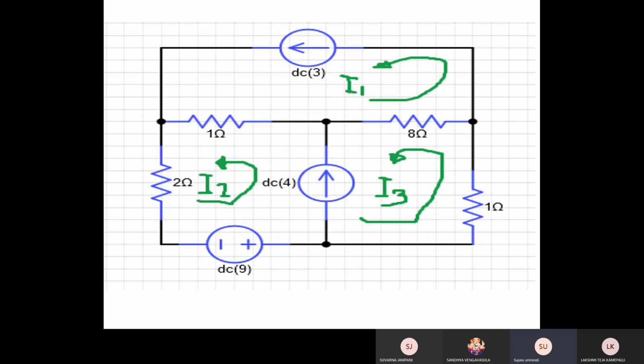So in this circuit, after the super mesh analysis, there is only one complete loop, but you have to represent the currents that are there, that is I1, I2, I3.